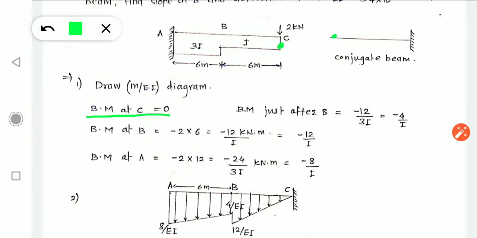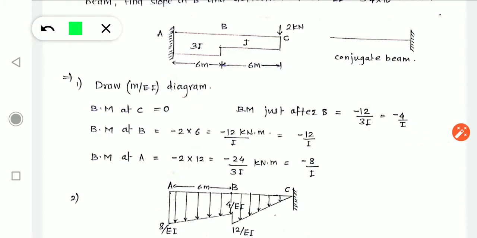Then the bending moment at B. Okay, at B we have different I values. Before B we have I, and after B the value becomes thrice I. So we will calculate the bending moment before B and after B twice. Okay, so let's do it.